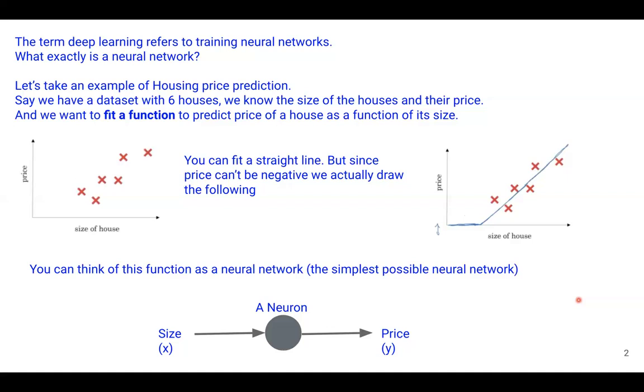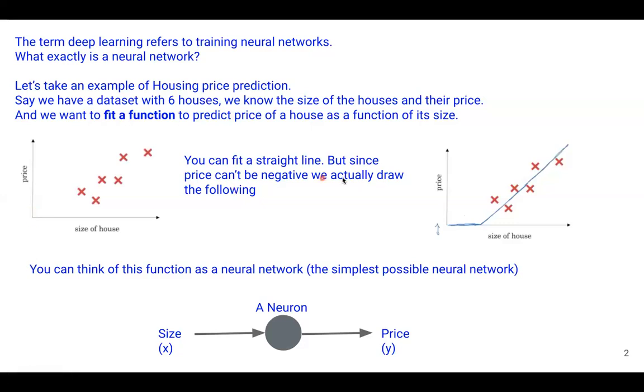If we plot size on the x-axis and price on the y-axis, we get a plot like this, as you can see on the left. You can probably fit a straight line, but if you just fit a straight line, then at some point the straight line crosses the x-axis, which means that the price becomes negative, which is unphysical.